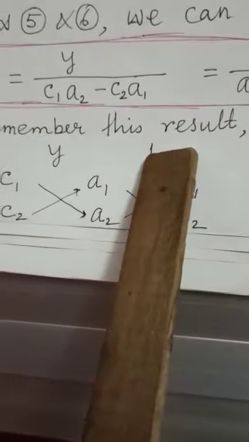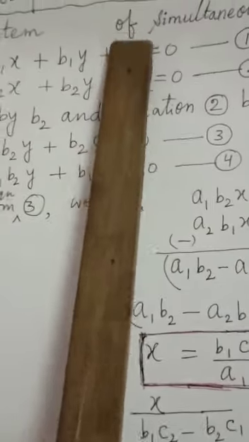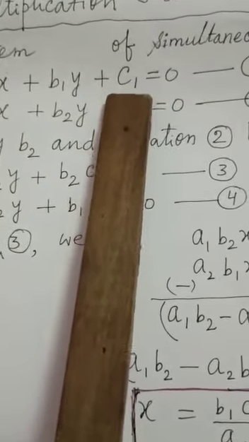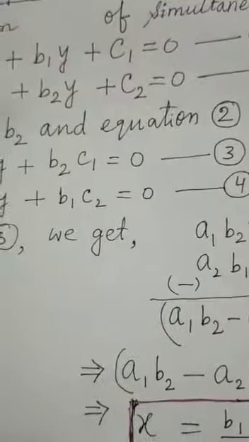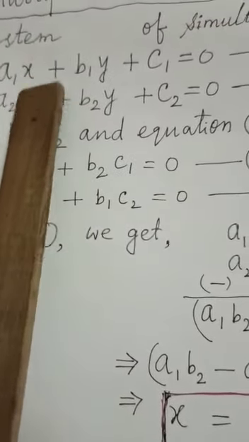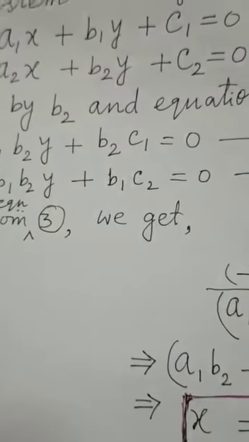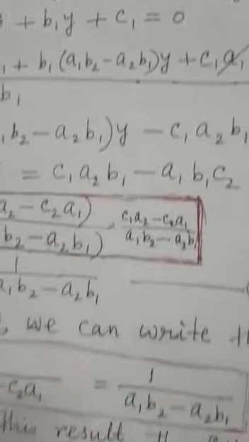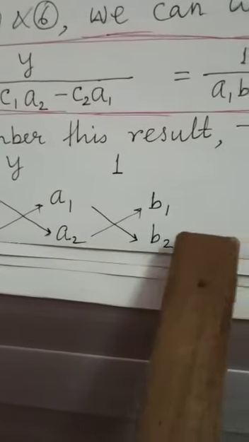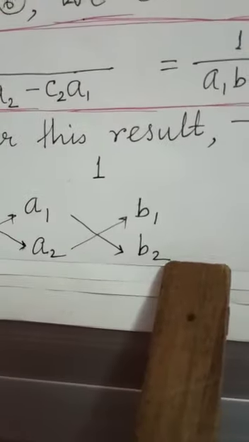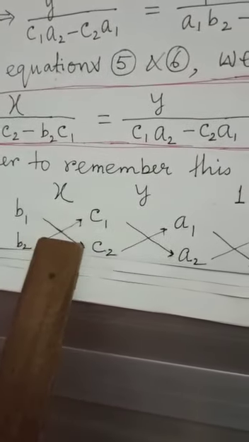Now below 1 what to write? Below 1 we will write, leaving the column containing the constant terms, the remaining two columns, that is the column containing x, a1 a2, and the column containing y, b1 b2. But here a1 a2 is already there, so we will write only b1 b2, and after that we will put crossed arrows.